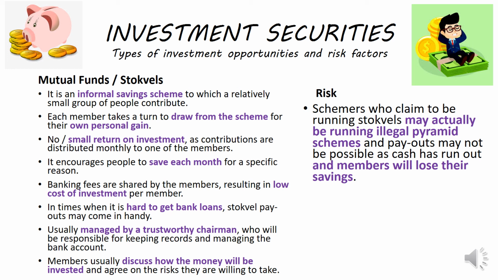Right, the risk involved in a stokvel. Sometimes there are people that start a stokvel that claim to be running a stokvel, but what they're actually doing is running an illegal pyramid scheme. And then when it is your turn to receive your payout, you're not going to get your money because the cash has run out. Pyramid schemes are illegal, but just because it's illegal, it doesn't mean that it doesn't happen.